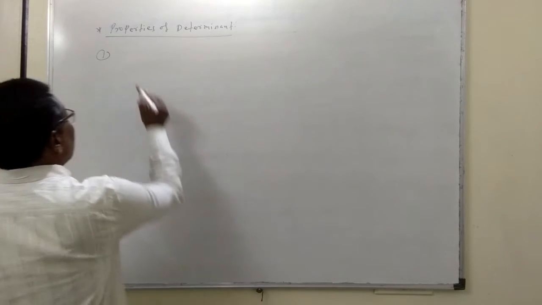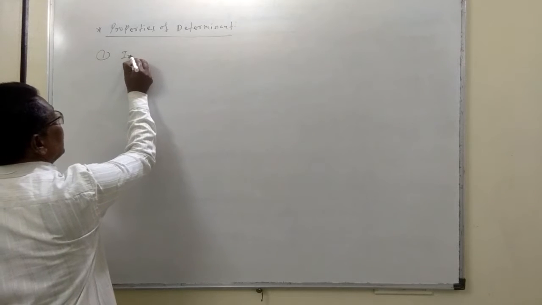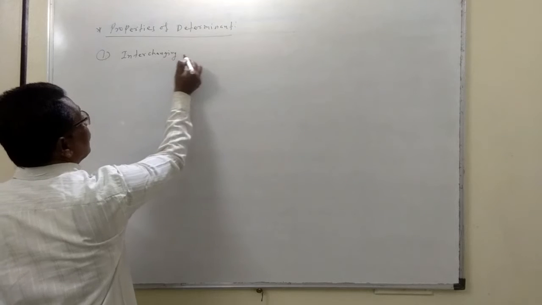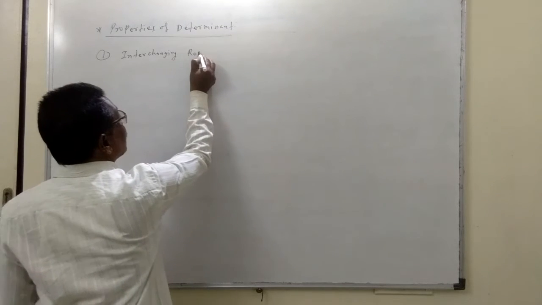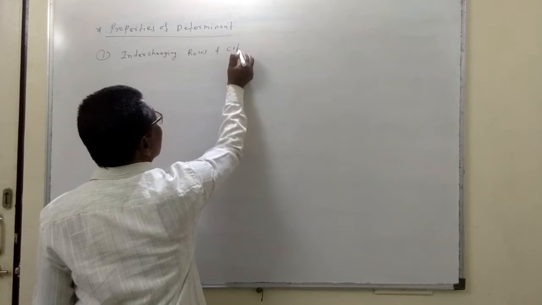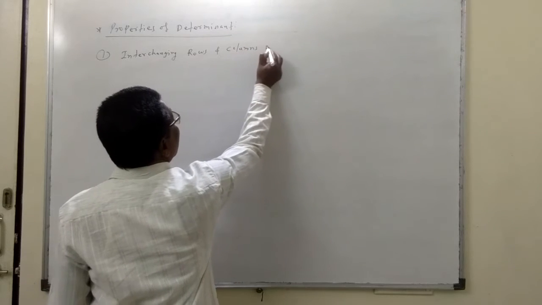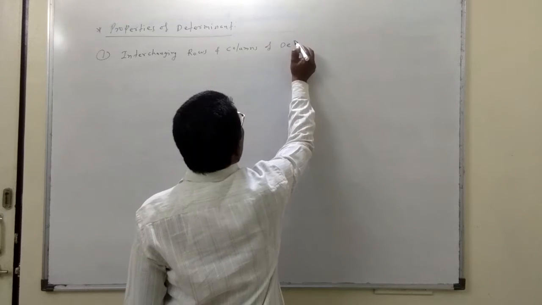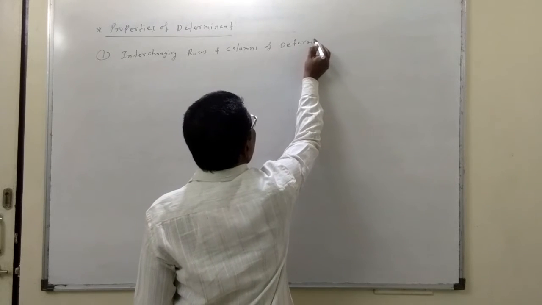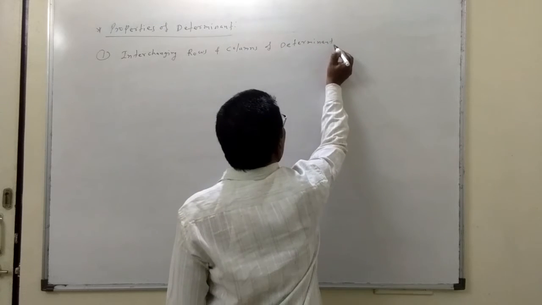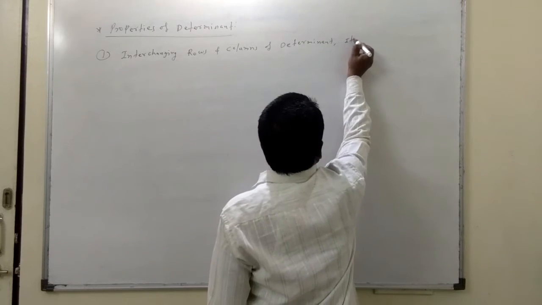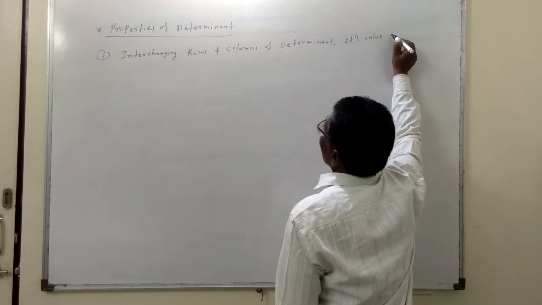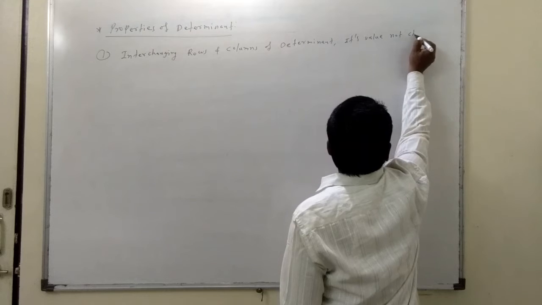So first property: interchanging rows and columns of a determinant, its value is not changed.